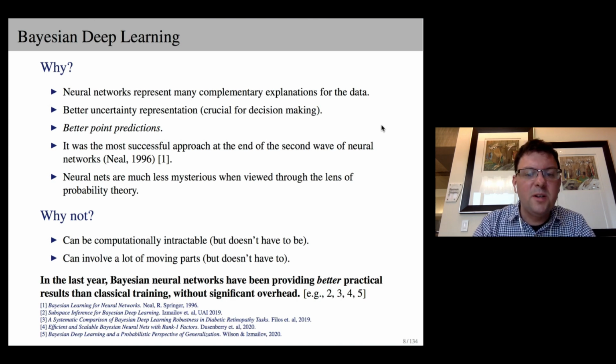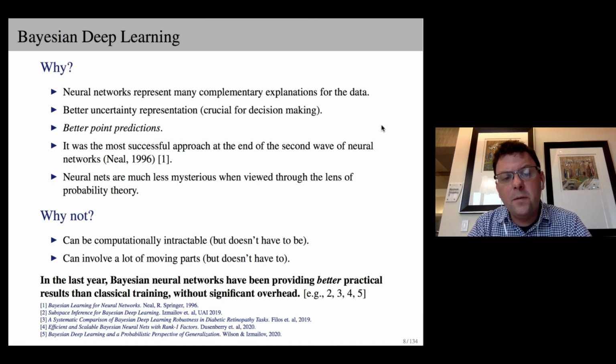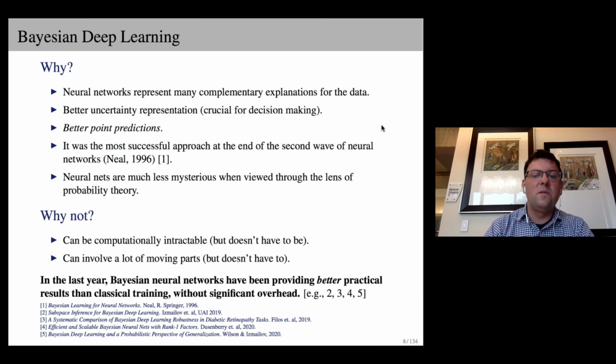These models can be computationally intractable and can involve a lot of moving parts, design decisions, approximate inference procedures, and so on, but they don't have to. And in the last year, there's been really extraordinary empirical progress for Bayesian deep learning, where we now have several methods often providing better practical results than classical training without significant overhead on quite a wide variety of problems.